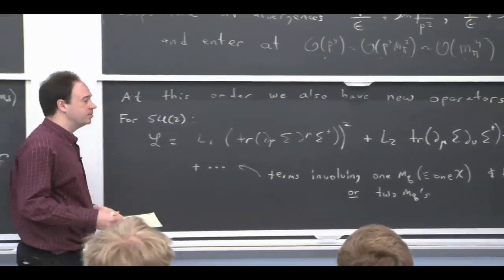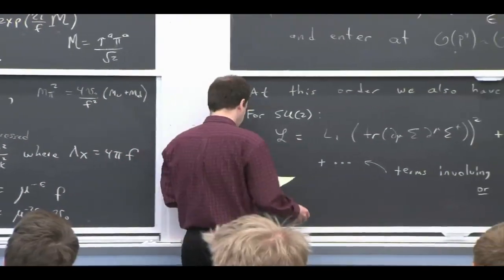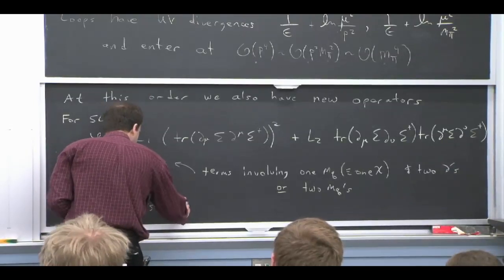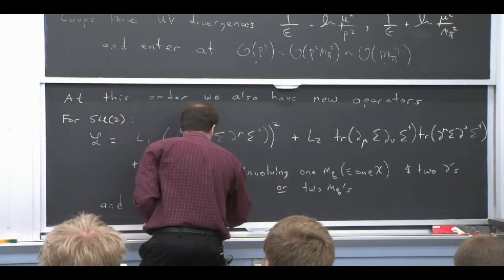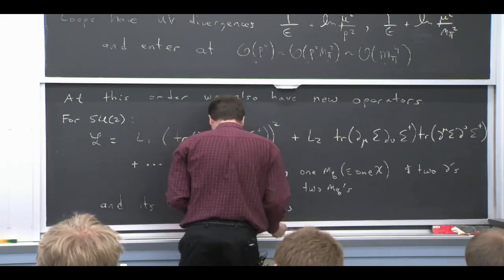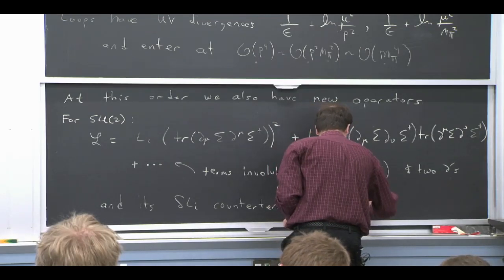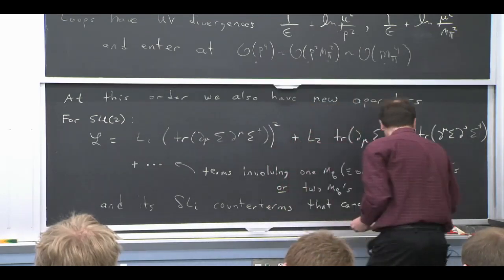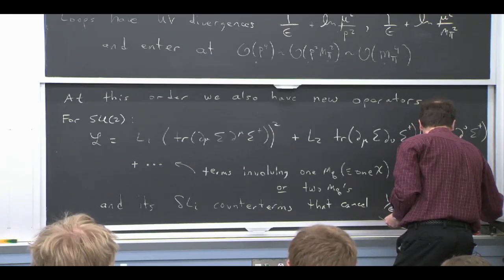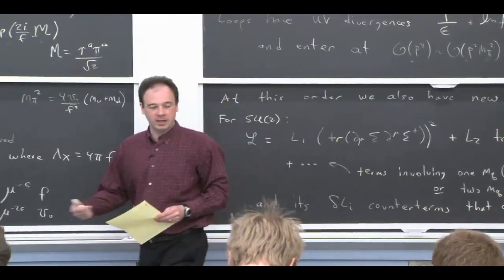So the counterterms that we have that renormalize these loop graphs come from this Lagrangian. So the theory is renormalizable in an EFT sense, order by order in its power counting expansion.